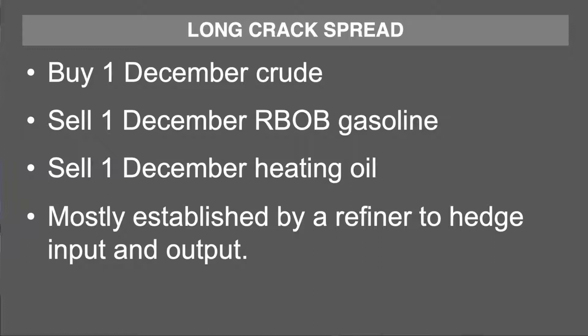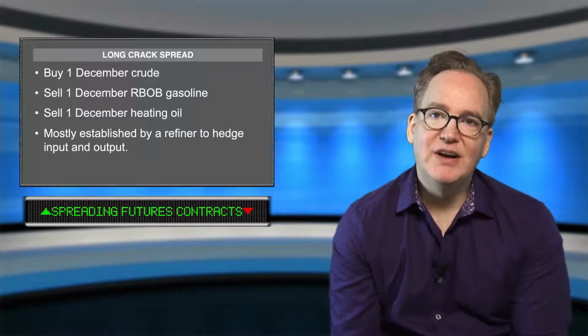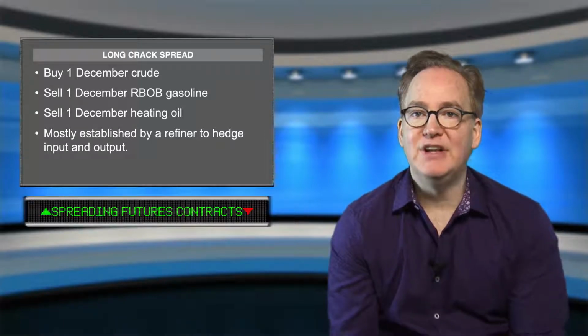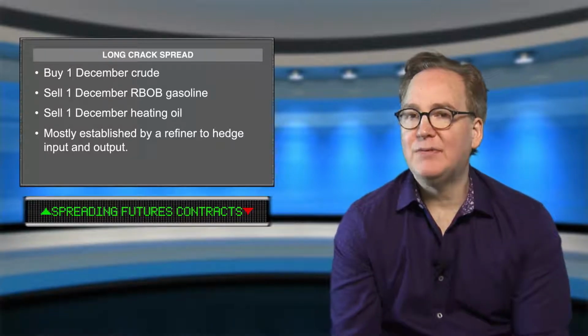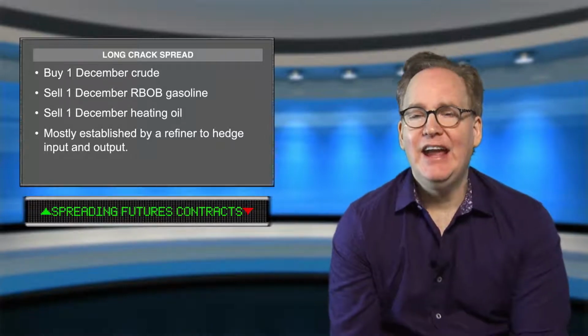They've hedged their input cost, that is the crude oil, and they've hedged their sale price on the refined products, which are RBOB gasoline and heating oil. So by establishing a crack spread, the refiner has hedged out all of their business risks, both their input in the form of crude and their sale price on the refined products, RBOB gasoline and heating oil.